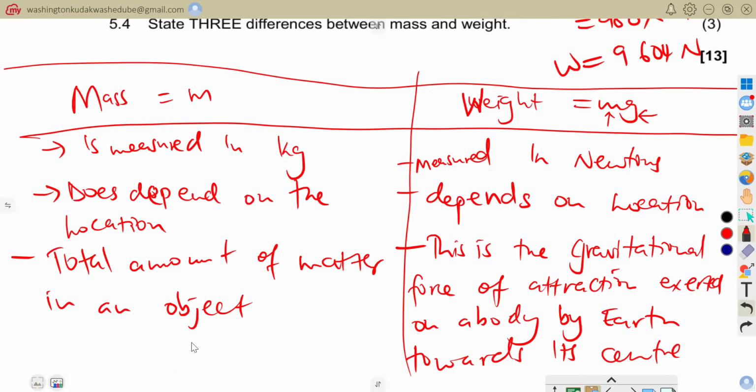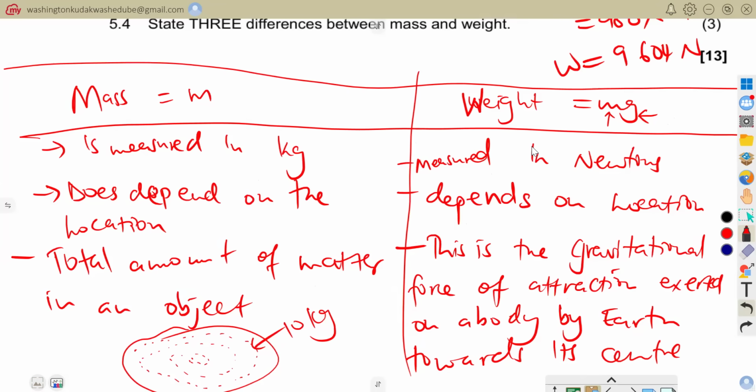So if we are having 10 kg of rice, the total amount of those small grains of rice amounts to what we refer to as 10 kgs. But when we say your weight, we are saying the force that is pulling you towards the center of the Earth. That's when you multiply the mass and the gravitational acceleration. So those can be three differences between mass and weight.